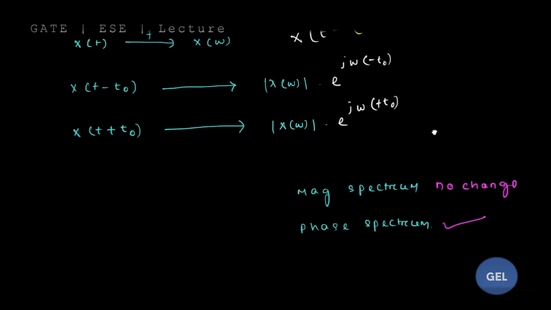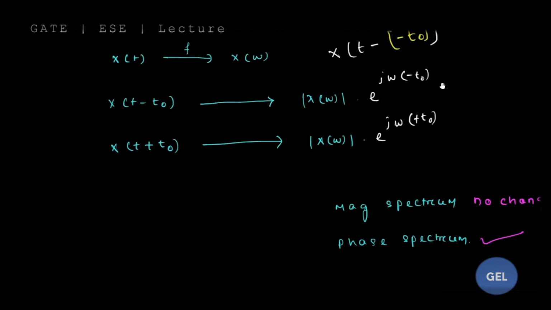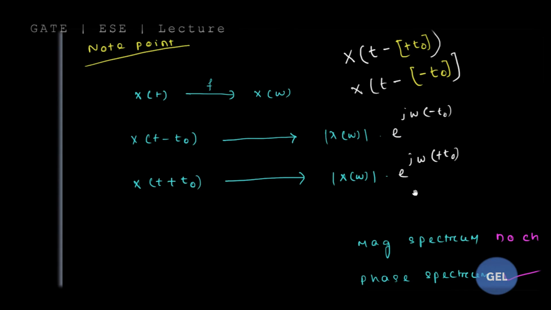Time shifting property affects the phase of the system or the signal or the function with which we are doing the evaluation. This is a very important point: the phase spectrum always gets affected, not the magnitude spectrum, in the time shifting property.